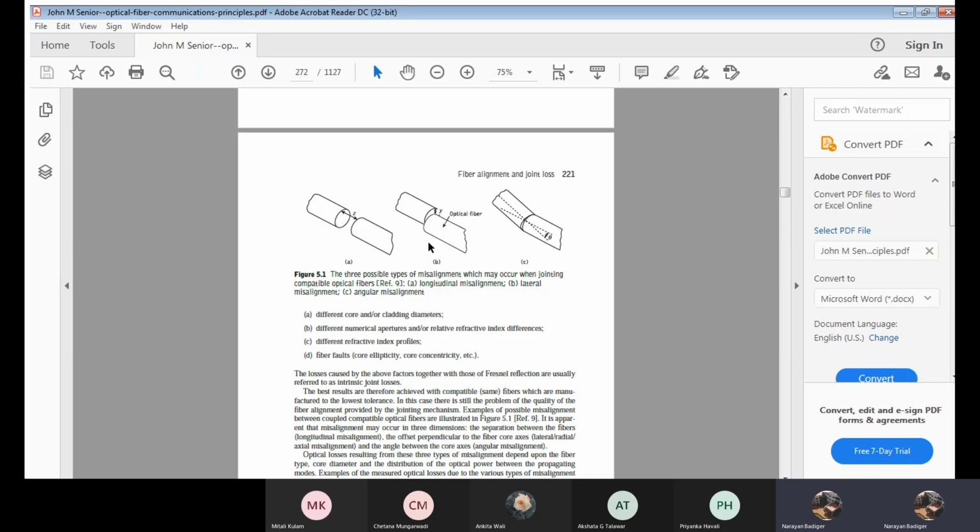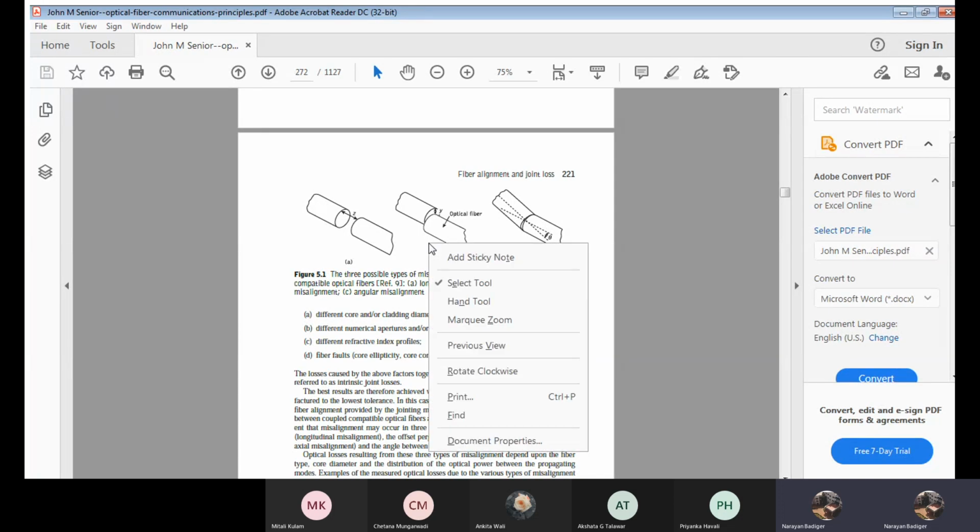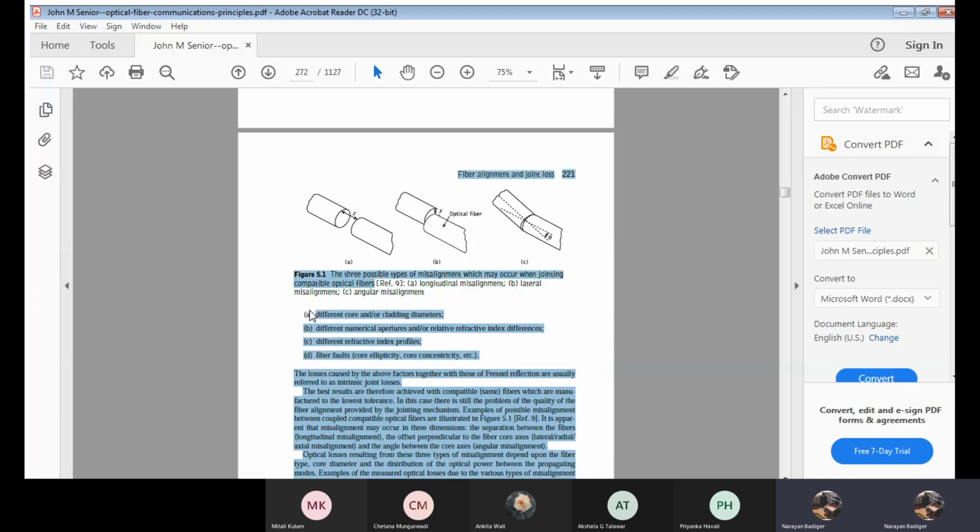Whatever inherent problems we get while joining may be due to the optical or geometrical parameters. Those parameters may be core and cladding diameters, which may not match.